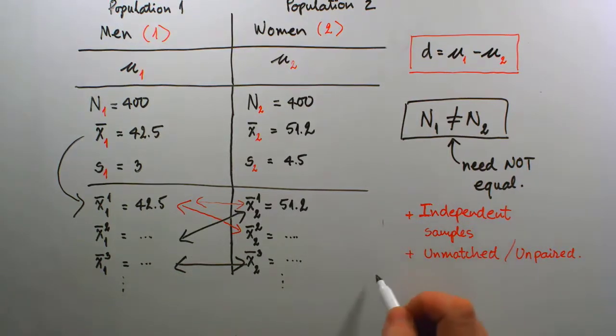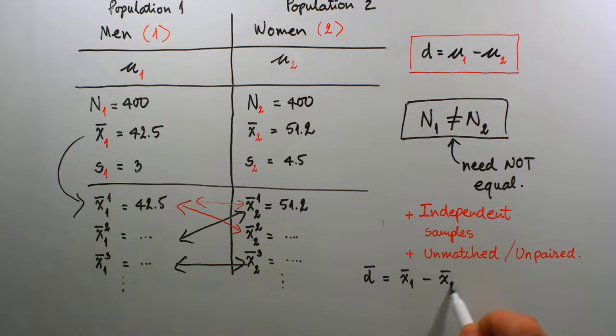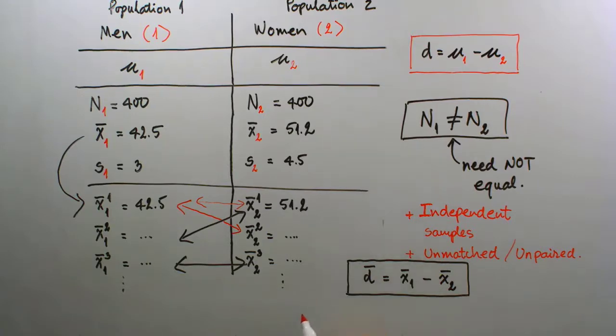And so generally, let's now define a d bar to equal an x bar 1, no superscript, minus an x bar 2. Okay. And now, importantly, x bar 1 is not this particular value, is not that particular value.